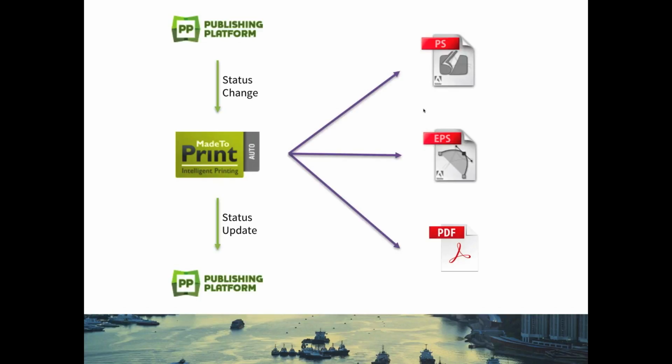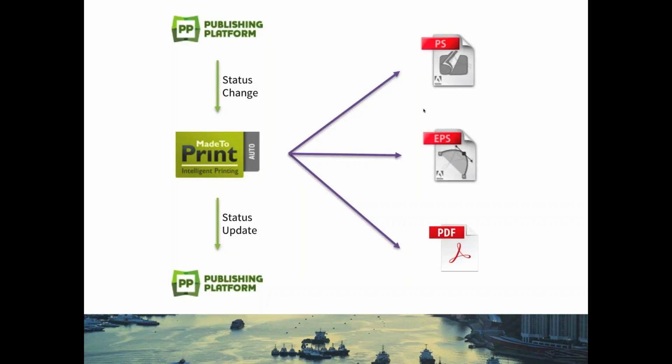So the way that would work, and this is a very simplified diagram with one particular example, but for example, I could say in my Quark publishing platform, there is a change. Someone marks a particular project as finished or ready for production, or however that is set up in your system. That change can trigger MadeToPrint integrated into Quark publishing platform to generate output, again in the same way we've seen so far.